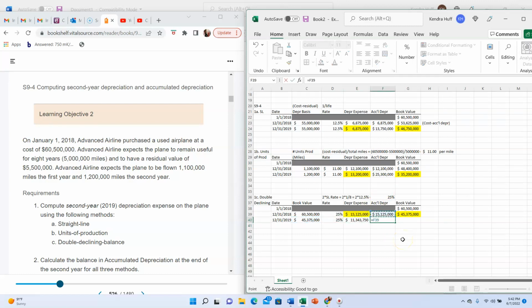All right, then last year's accumulated plus the current year depreciation expense. And then cost minus accumulated.